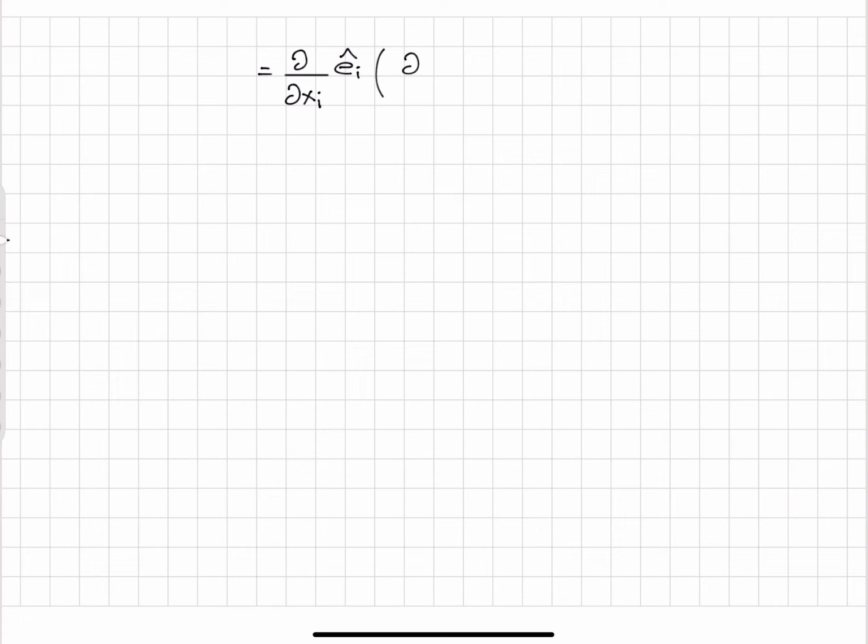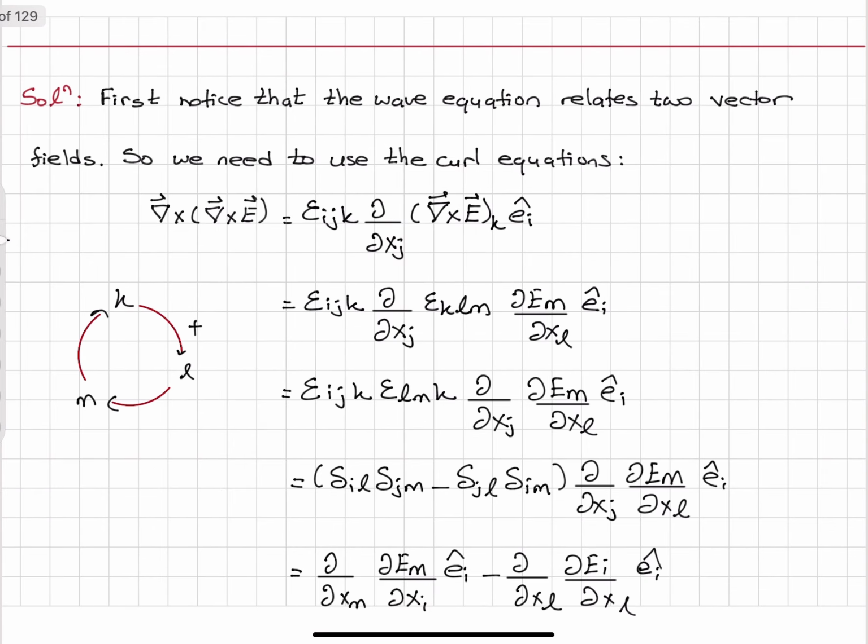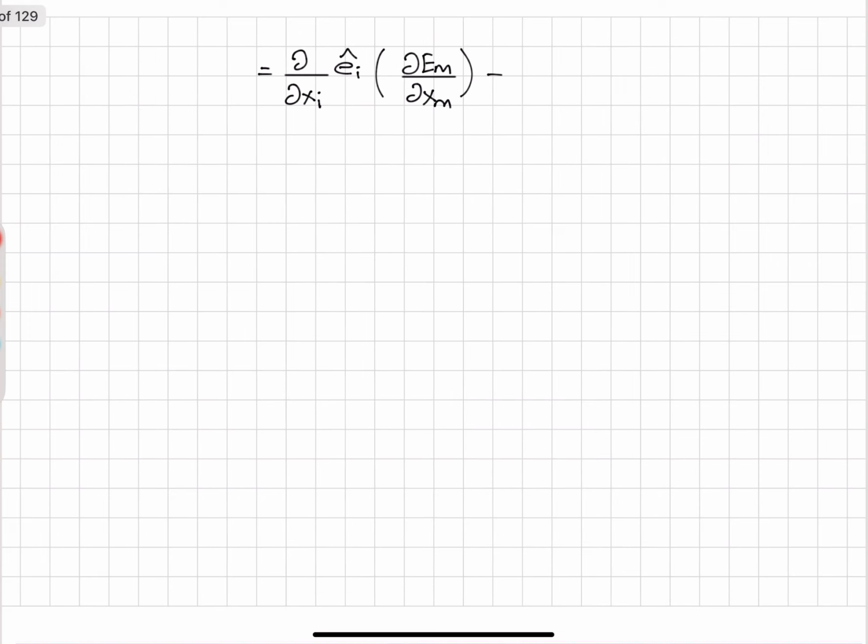Then I have del em, del xm, which is the divergence of the electric field. Then for the second term, I have the second derivative of the electric field with respect to xl, so del square, del xl square, ei in ei hat direction.